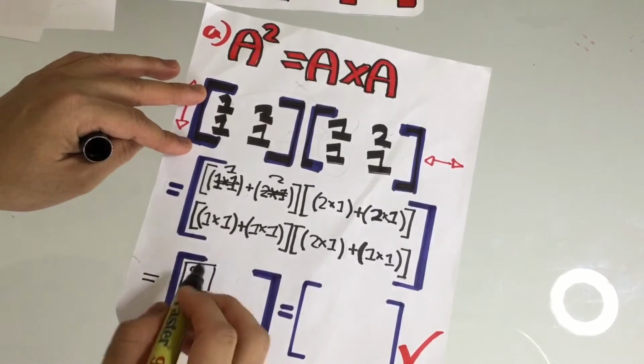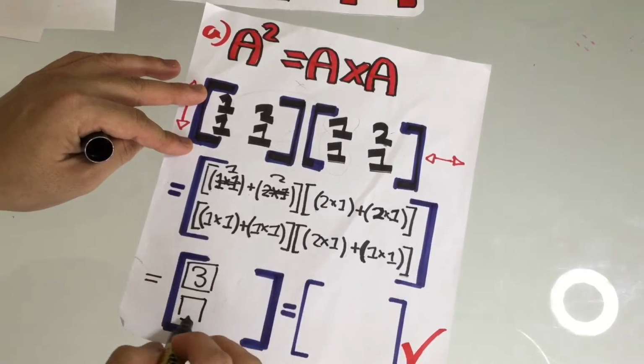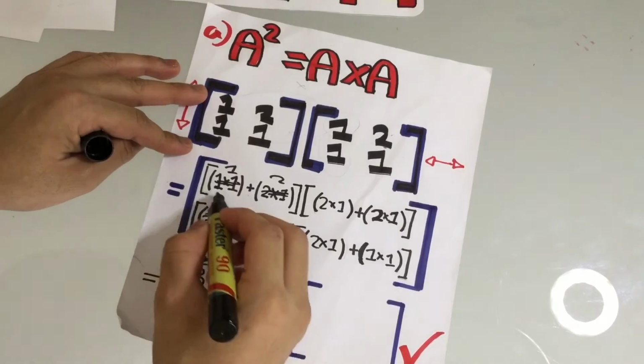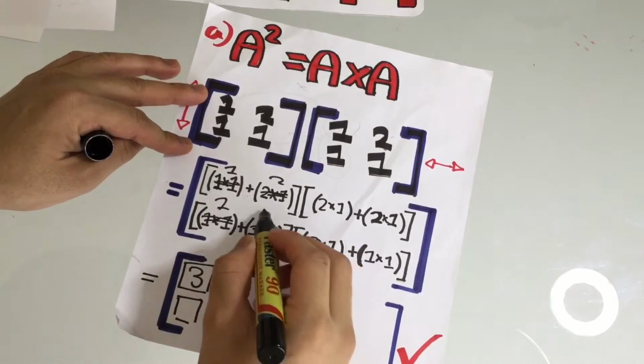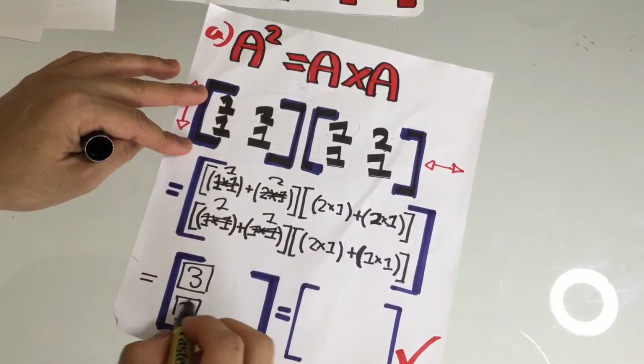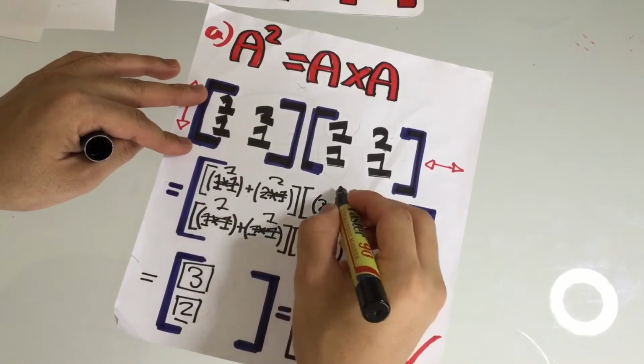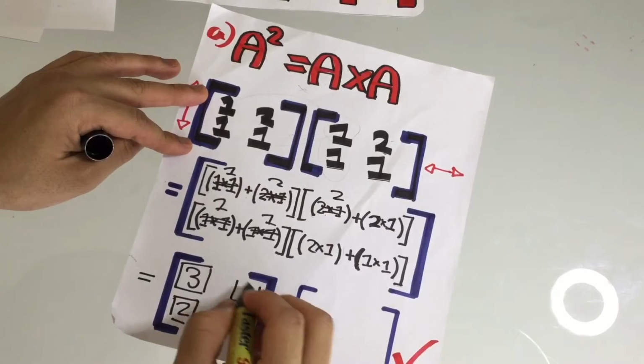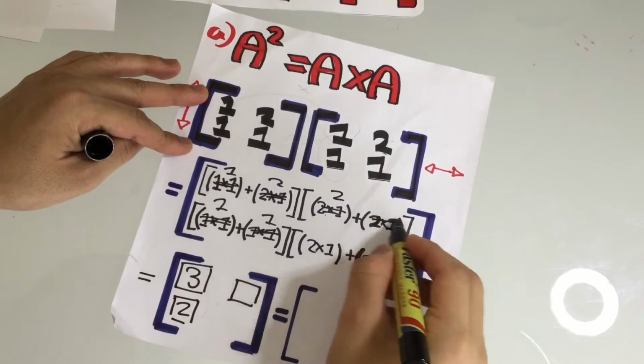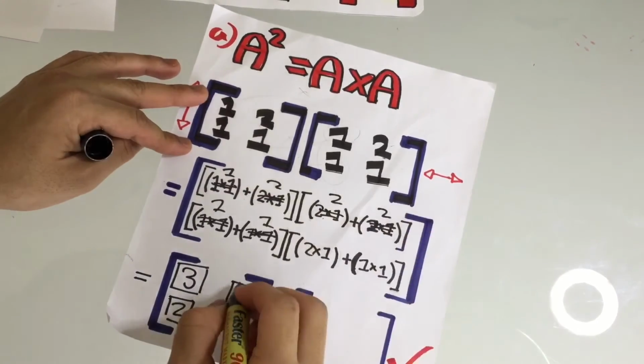Same will go for here, but this time it's at the bottom left. 1 times 1, 1. 1 times 1, also 1. 1 plus 1, 2. 2 times 1, 2, we're going to the side now, plus 2 times 1, 2, 2 plus 2, 4.